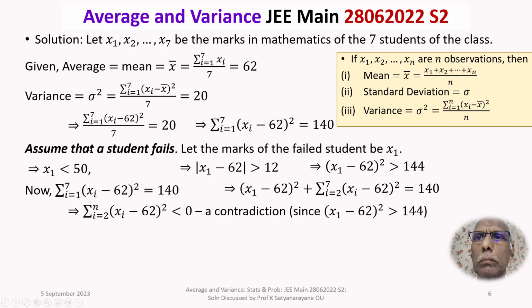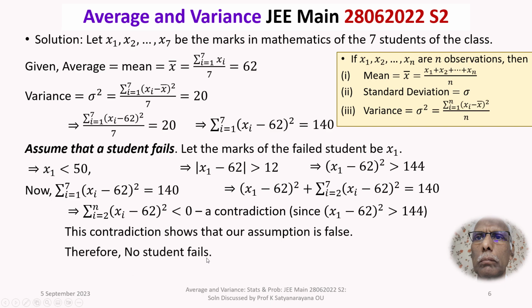So this contradiction shows that our assumption that a student fails is false. Therefore, no student fails. That is, the number of students that can fail the examination is 0.